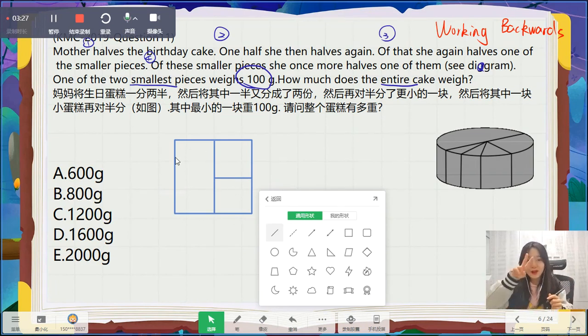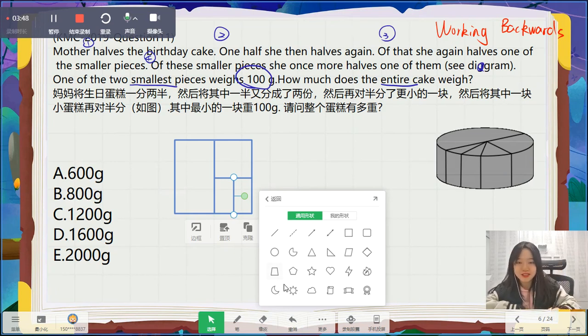You see, now among this cake, we got a larger rectangle and also another smaller square. So we should cut the smaller one into two equal parts again. Of these two smaller pieces, she once more halves one of them. Okay, now let's see, she halves one of them into this.